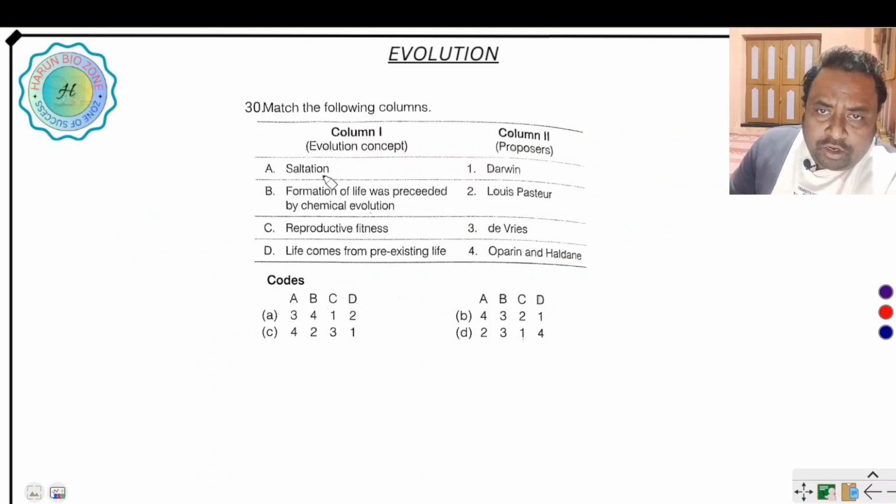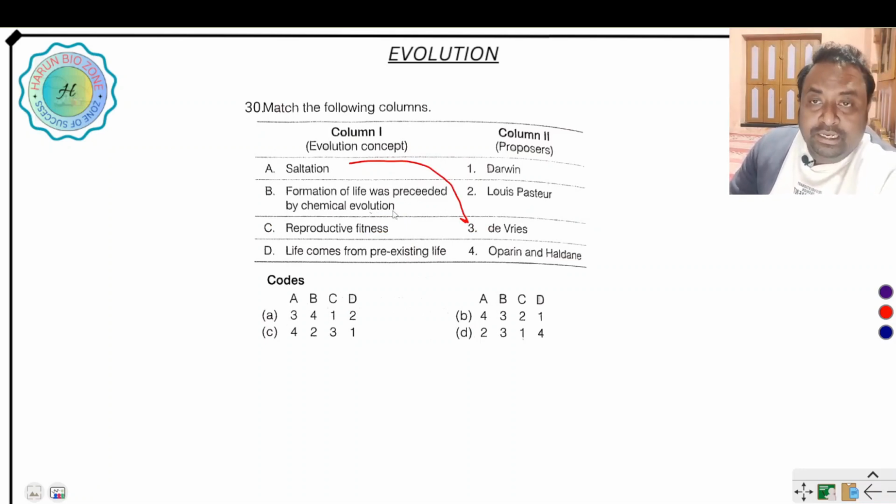Match the following: saltation theory or mutation theory proposed by Hugo de Vries. Formation of life was preceded by chemical evolution, proposed by Oparin and Haldane.